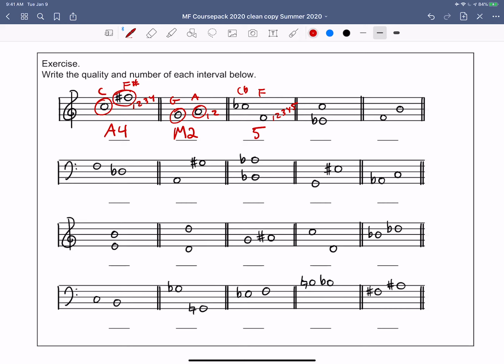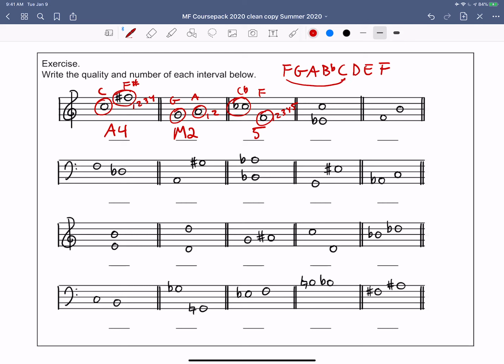So let's work it out. So does the top note belong to the bottom note's major scale? Does C flat belong to the F major scale? Well, what do we know about the F major scale? F major has one flat, which is B flat. So let me write this out again. Our notes of the F major scale are going to be these, right? F, G, A, B flat, C, D, E, F. So is there a C flat in the scale? No, it doesn't belong. But there's a regular C in the scale, right?